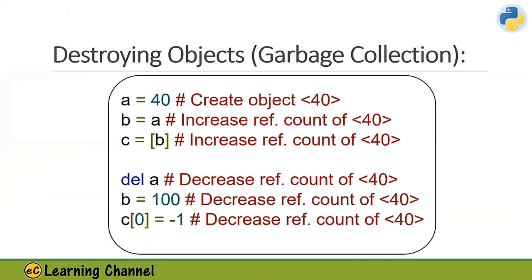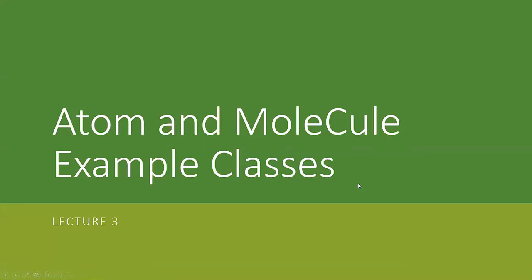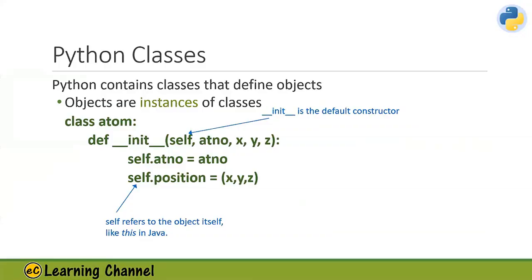So next, you can do delete and you will actually delete an object. And in that case, you will decrease the count of the object, okay? So atom and molecule are from chemistry, okay? You can create a class called atom, with an atom number and then XYZ. XYZ is your location, okay? So self.atom number is an instance variable.